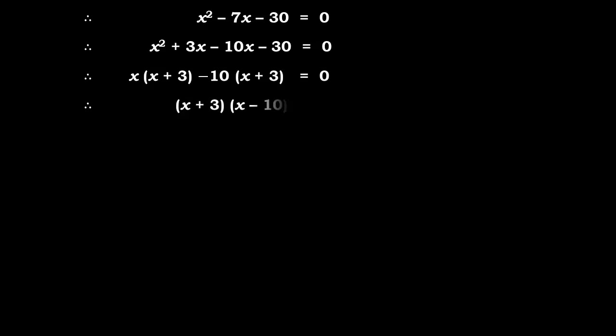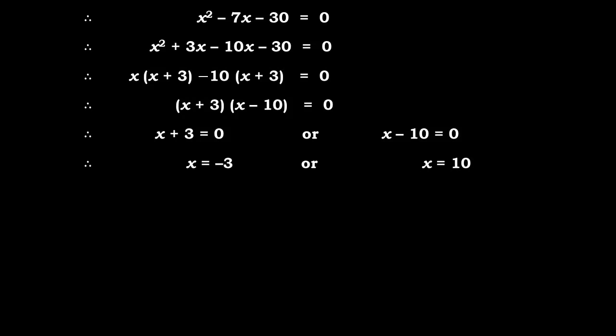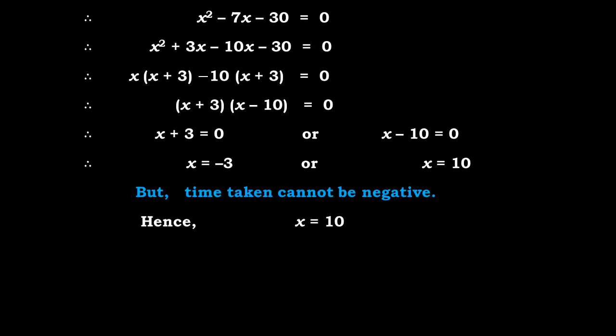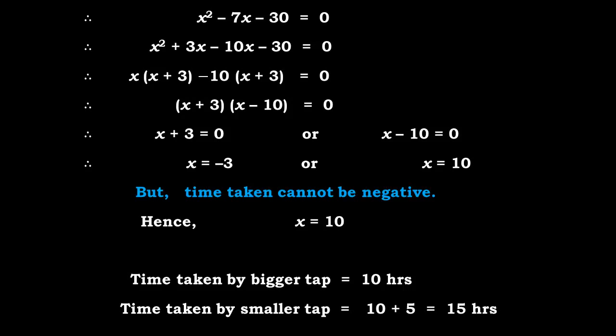Therefore, (x plus 3) into (x minus 10) is equal to 0. So, x plus 3 is equal to 0 or x minus 10 is equal to 0. x is equal to minus 3 or x is equal to 10. But the time taken cannot be negative, hence x is equal to 10. Time taken by the bigger tap is 10 and the time taken by the smaller tap is 10 plus 5, that is 15 hours.